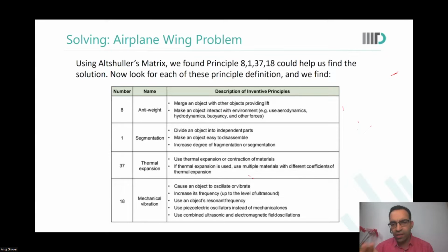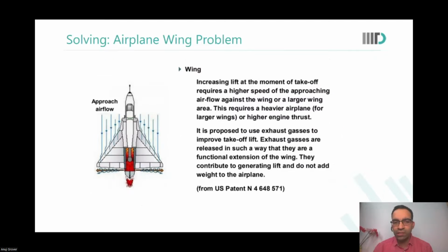And mechanical vibration, there are details of the mechanical vibration idea also. The problem was solved by actually moving the air near the wings in a spiral manner. This was a US patent. So air would enter the wings from here, and it would go out in a spiral manner.